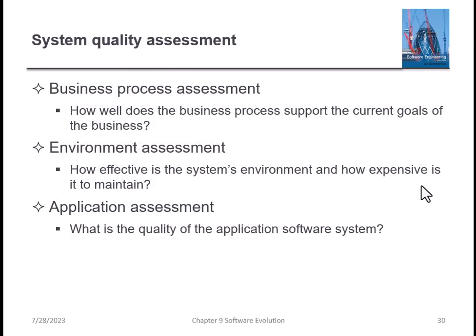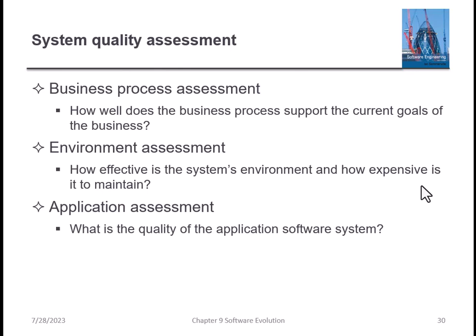Now, system quality assessment. How should we assess the quality of the system? From the business process perspective, if we assess the business process, the following question arises and we should answer it: how well does the business process support the current goals of the business?